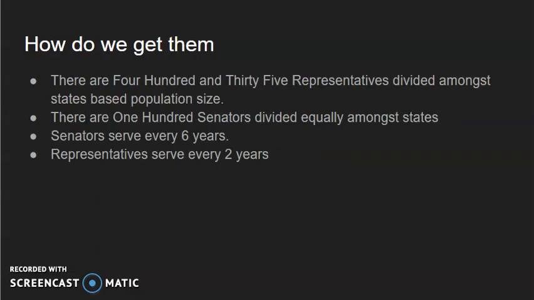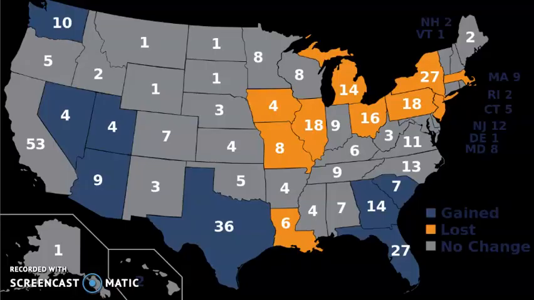So how do we get them? Like I said, there are 2 different chambers, the House of Representatives and our senators. In the House of Representatives, there are 435 members, and they are divided amongst states based on population size. Here is a map of how they're divided.